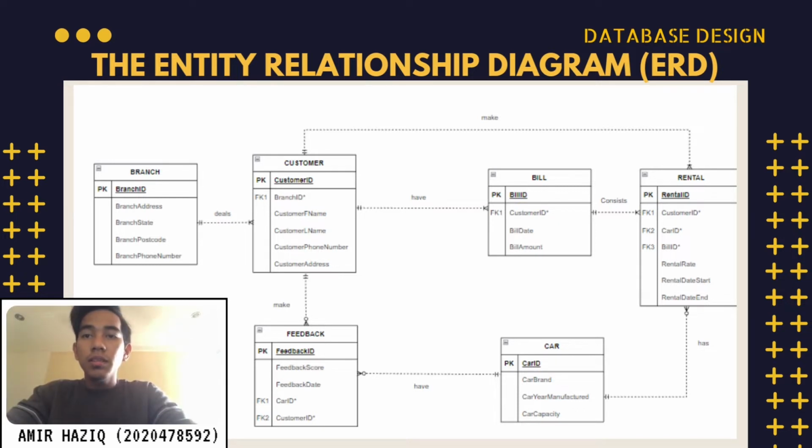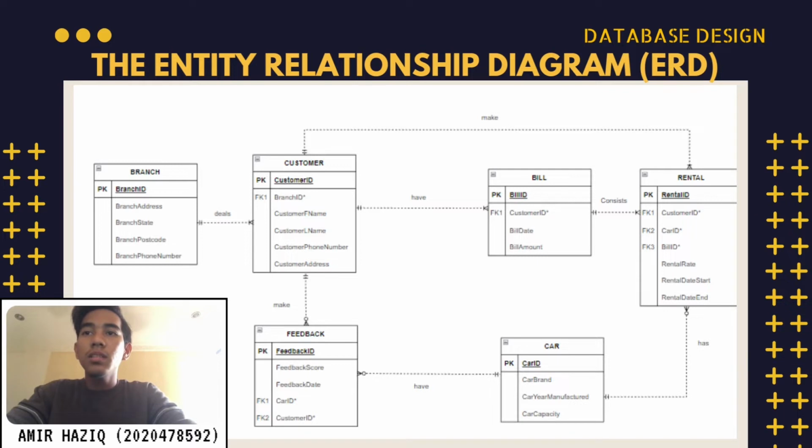Next is the rental table. The primary key is rental ID and the foreign keys are customer ID, car ID and bill ID. The other attributes are rental rate, rental date start and rental date end. There is a relationship between the bill table and the rental table.